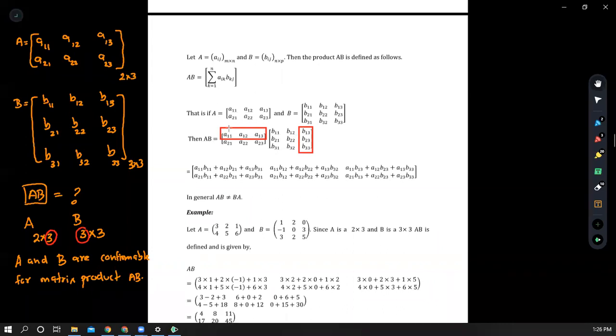If I use the same method, I will get A11 multiplied with B13, then A12 multiplied with B23, then A13 multiplied with B33. Therefore, the summation of these products gives us the element at the first row, third column.